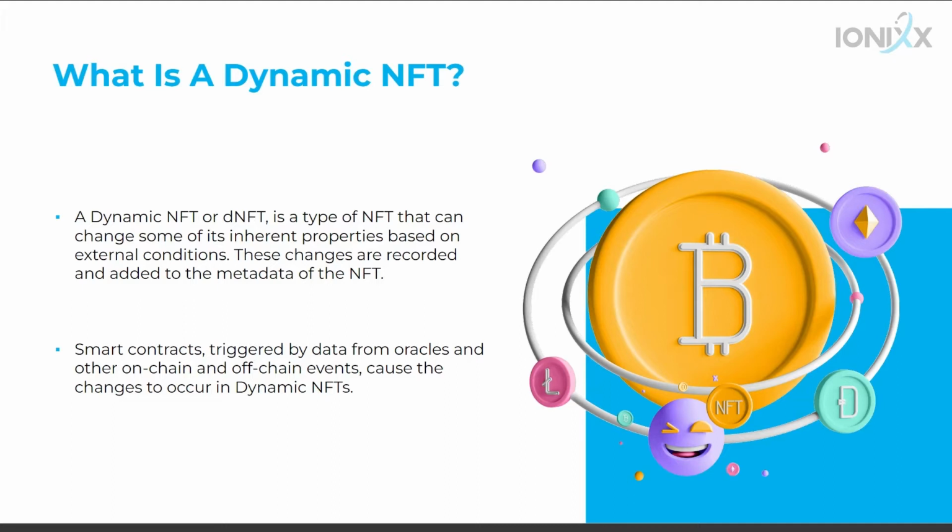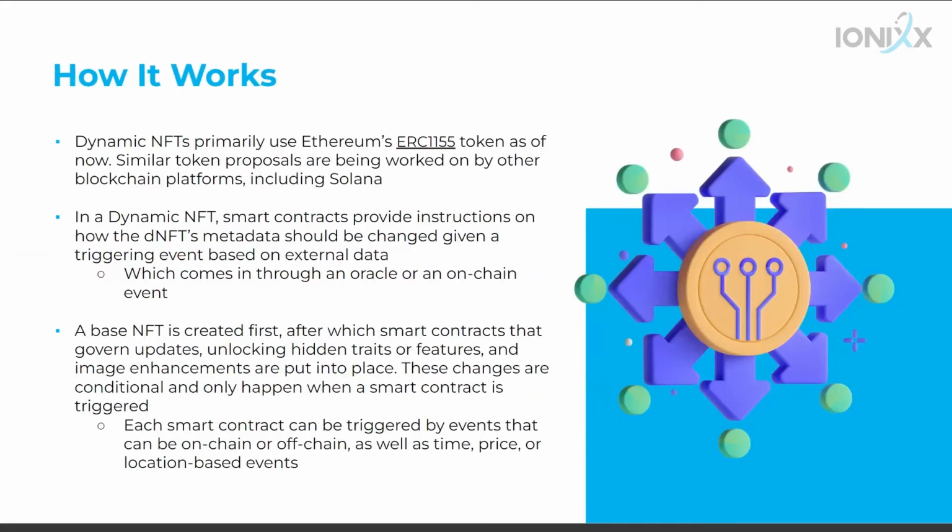These mechanisms are all controlled through smart contracts, and the smart contracts are obviously triggered by oracles or time-bound use cases or location-bound use cases, and other on-chain and off-chain events that cause the changes to then occur in dynamic NFTs. So it currently works in a very interesting way.